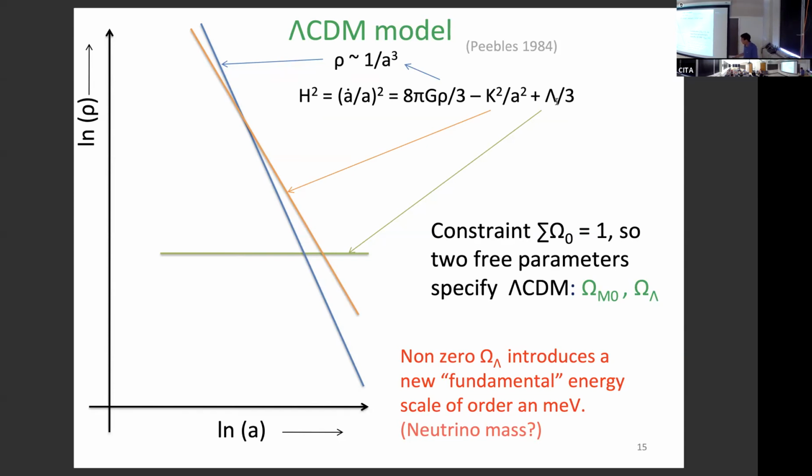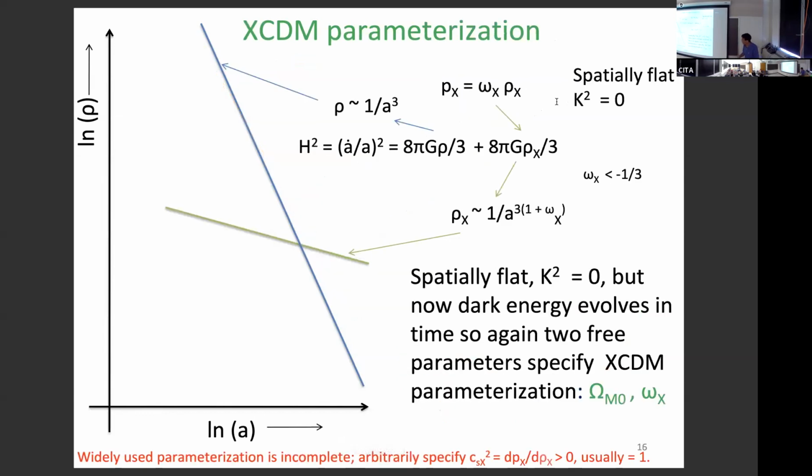So one way to deal with this issue is to slightly tilt this green line. And here's an example of a tilted green line. And so what this does is that as you go back in time, the energy scale, the fourth root, is much, much larger. And you can take it to GeV and TeV scales.